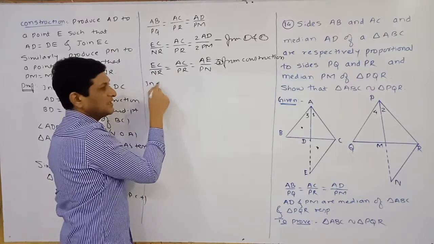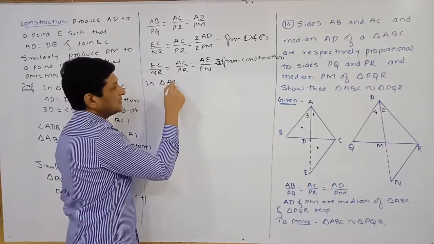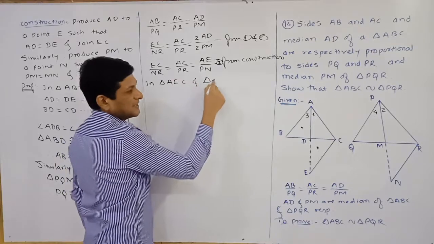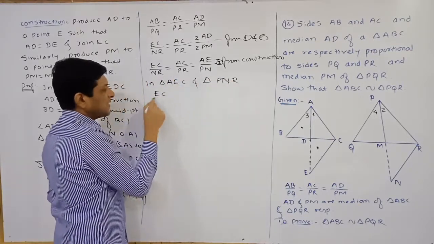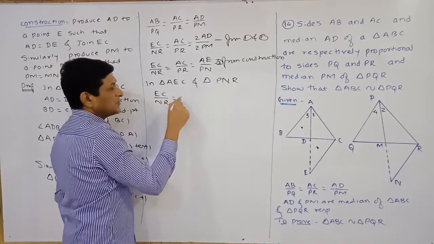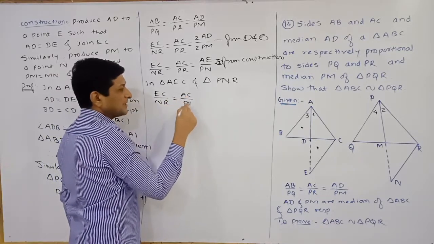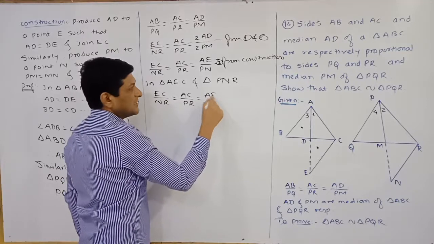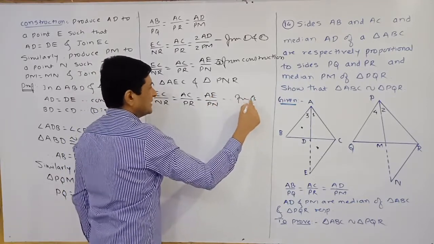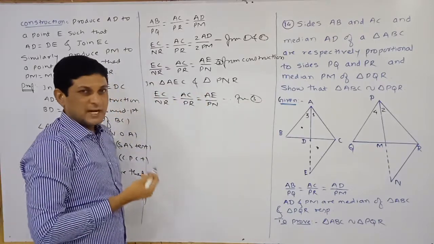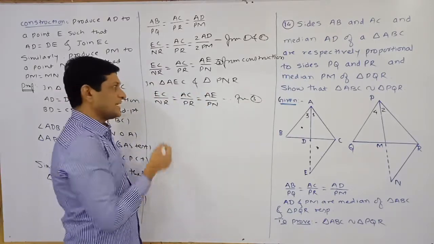In triangle AEC and triangle PNR, we can say that EC upon NR will be equal to AC upon PR will be equal to AE upon PN, from equation number 3. So that's why we can say that these two triangles are similar by SSS criterion.